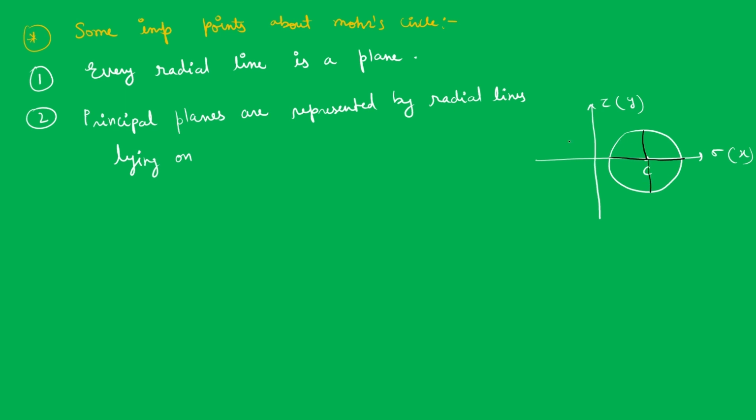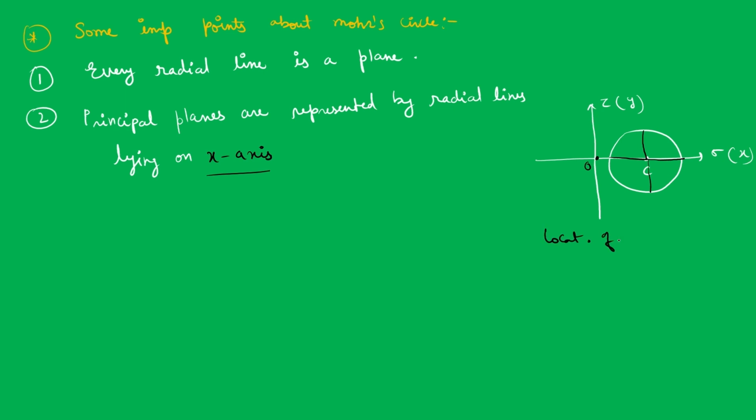So can you guess which radial line will represent the principal plane? To represent the principal plane, which radial line should we consider? So this will be on the x-axis. Why on the x-axis? You have already seen the location of the principal plane.